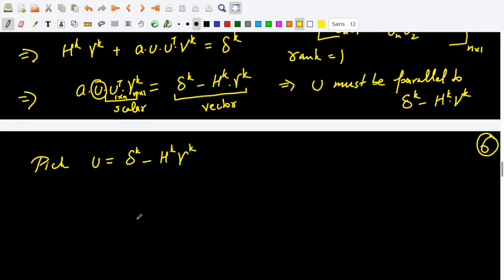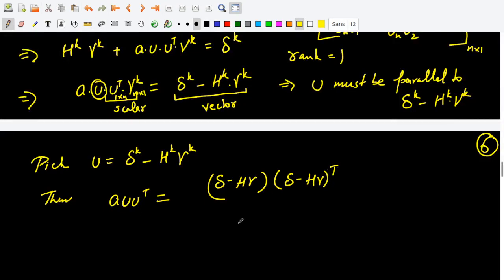And if you put this value of u in this expression above, then we get A u u transpose equal to (delta minus h gamma)(delta minus h gamma) transpose upon (delta minus h gamma) transpose gamma.